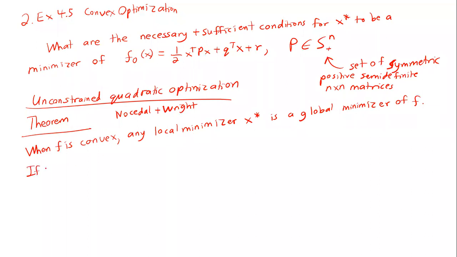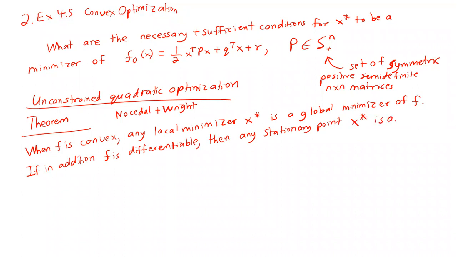And then if in addition f is differentiable, then any stationary point, which is where grad f is equal to 0, X star is a global minimizer of f. So there's some pretty powerful things here.